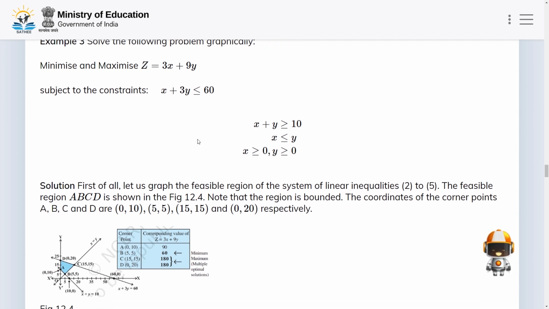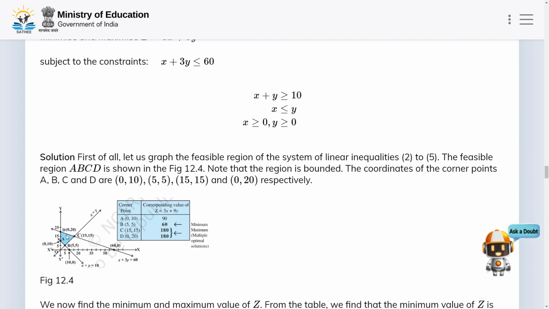From the inequalities you get your bounded region, A, B, C, D as your feasible region. The corner points will be A (0, 10), B (5, 5), C (15, 15), D (0, 20).